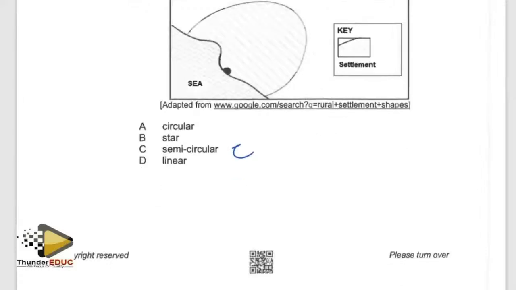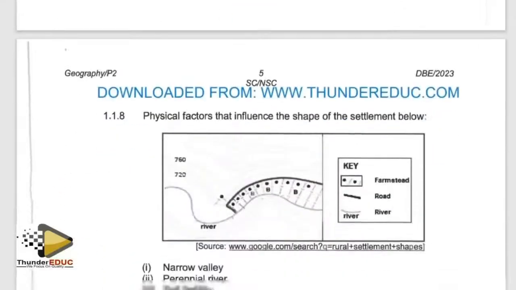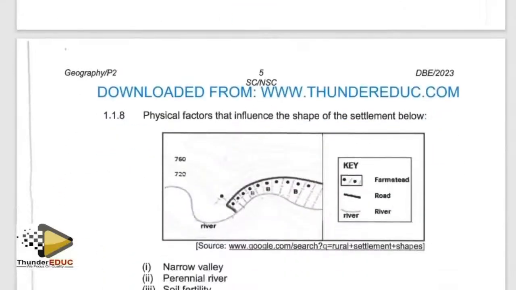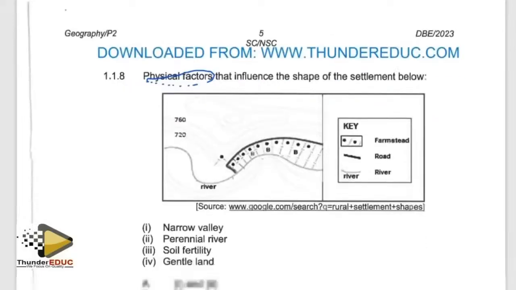And the last one under that section is the physical factor. The word physical is the key point. Physical factor that influences the shape of a settlement below. Which physical factor? We have the reef here, and we have a river here. These are farmsteads, these are roads. A road is not physical.